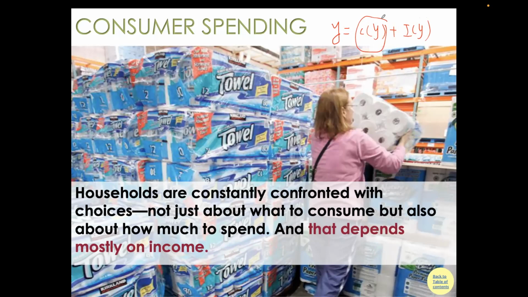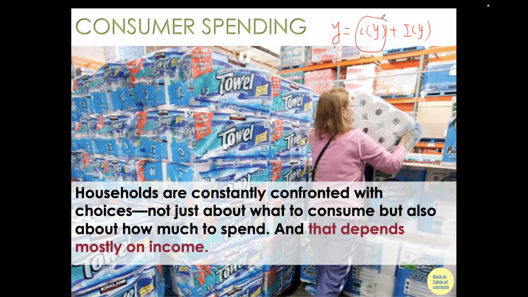If you ask anyone, what is the most important factor determining your consumption behavior? When you make your consumption decision, what matters most to you? Purchasing power. In our language, that's your income.